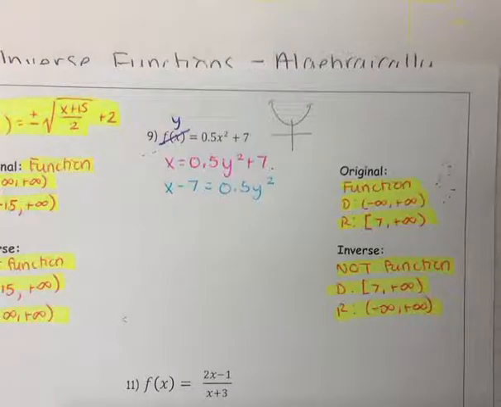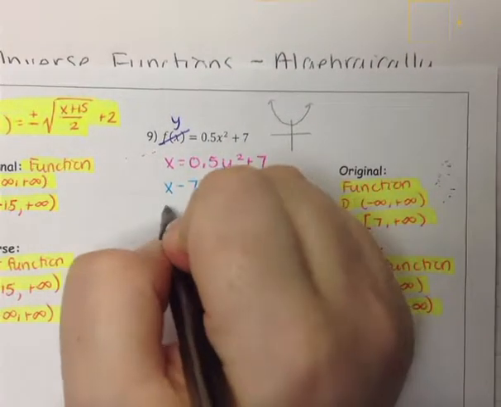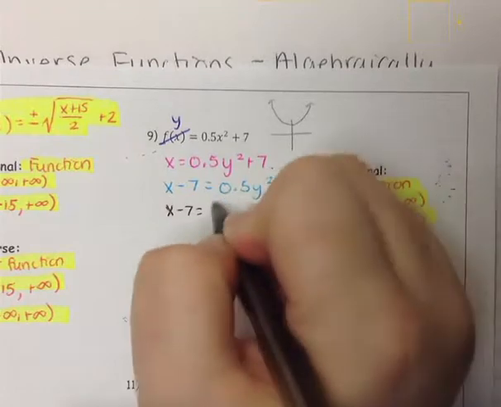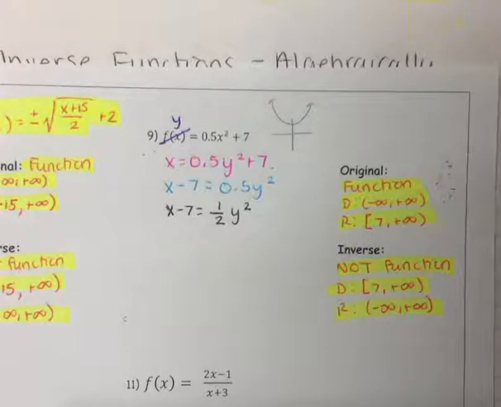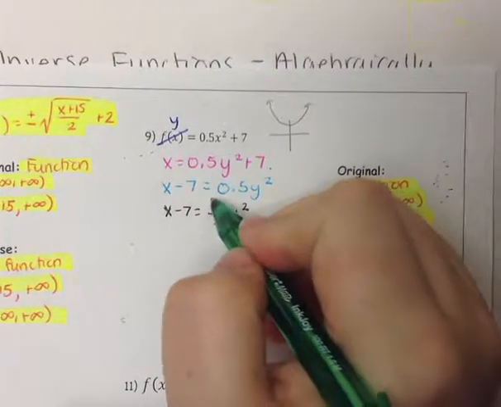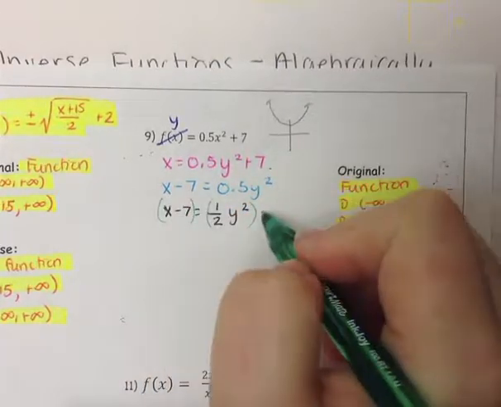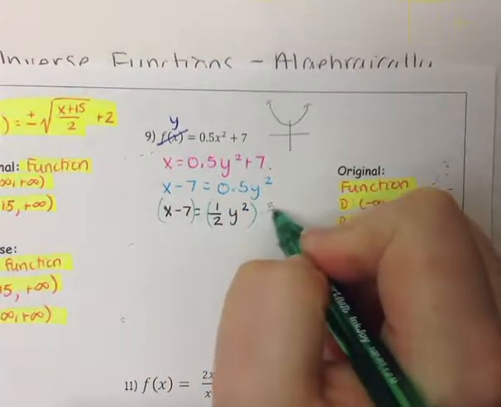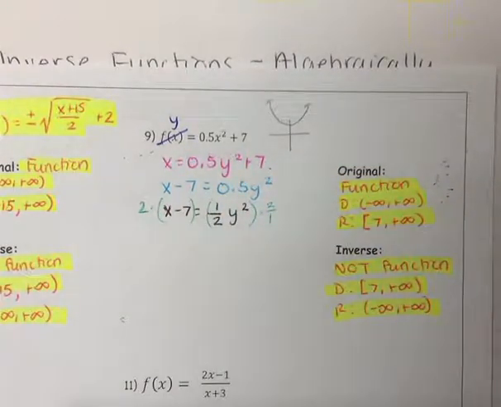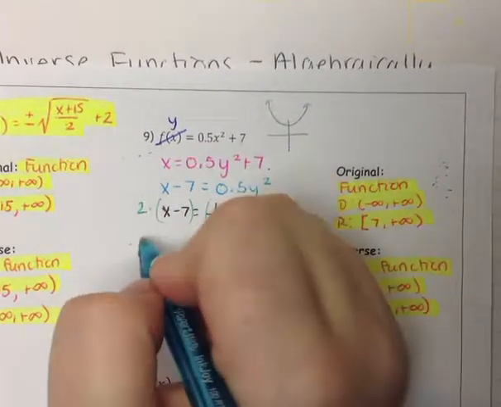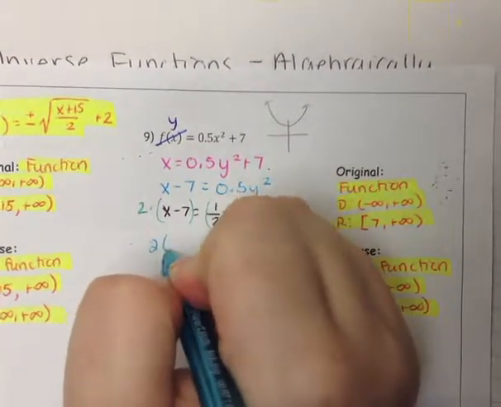Now I'm going to rewrite that as x minus 7 is equal to 1/2 times y squared instead of seeing the decimal, because I can more easily multiply by the fraction than a decimal. So now we multiply by the reciprocal of that 1/2, which is 2 over 1, which is technically just multiplying by 2. That's really all we're doing, is multiplying by 2. So this will become 2 times the quantity x minus 7.